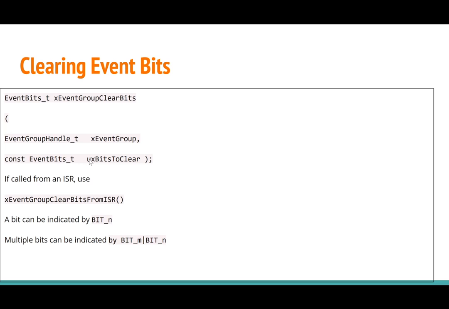And we use xEventGroupClearBits to clear the bits that we want to clear, and so on. And if called from an ISR, from an interrupt service routine, we use xEventGroupClearBitsFromISR.